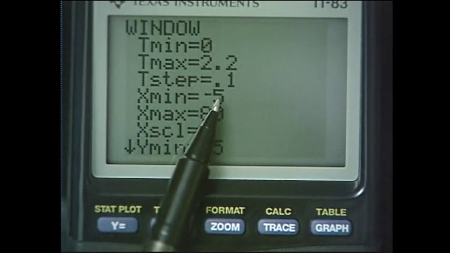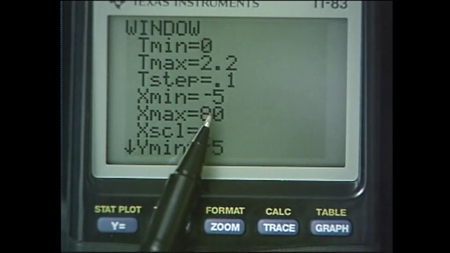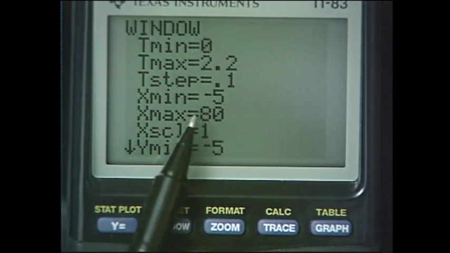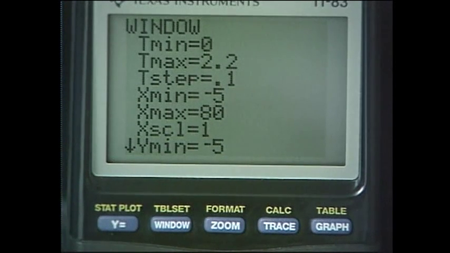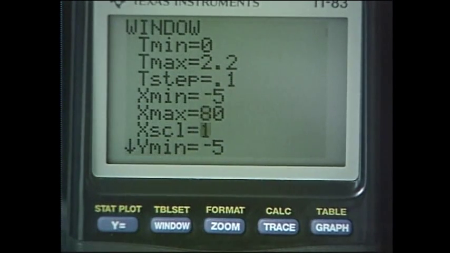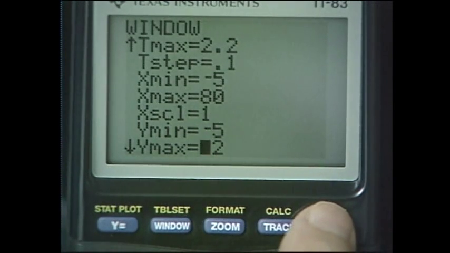The x minimum was set at -5 because I want a little bit of distance to the left of the y-axis, and the max is at 80 because all of the important events of our problem are over at that point. The y minimum is set at -5 because I'd like a little bit of distance below the x-axis, so we can see where the x-axis is, and the y-max is 22. All right, so that's just for your information.